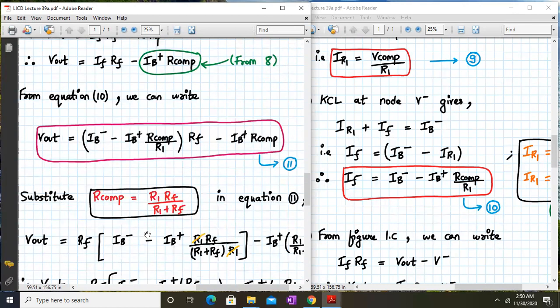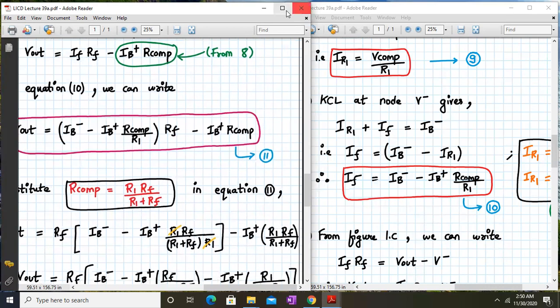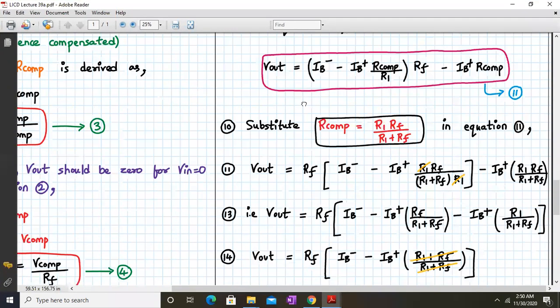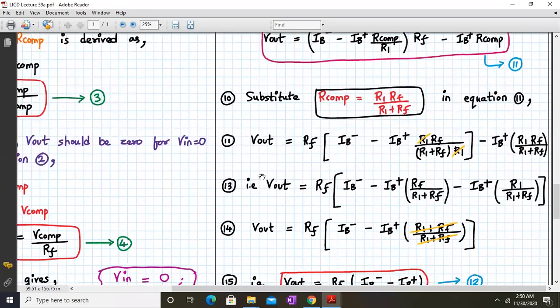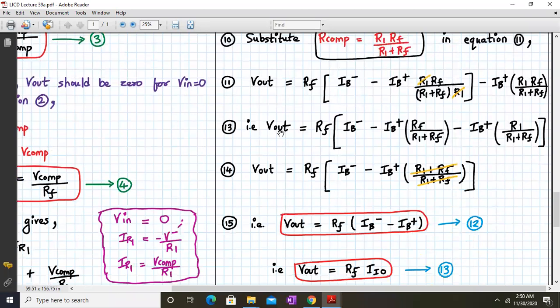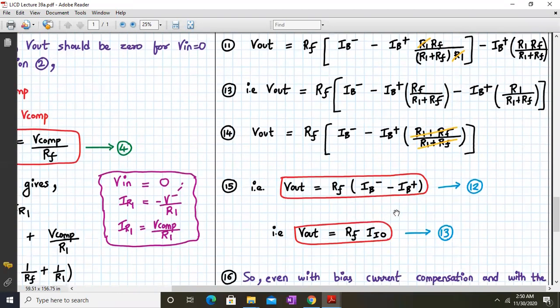So we substitute the value of RCOM as R1 RF upon R1 plus RF in this equation number 11. So we get some cancellations. R1 gets cancelled out. We rearrange the terms, IB minus and IB plus. So V out will be equal to RF into IB minus IB plus. And just for your information, the difference of IB minus and IB plus is called the input offset current, IIO.